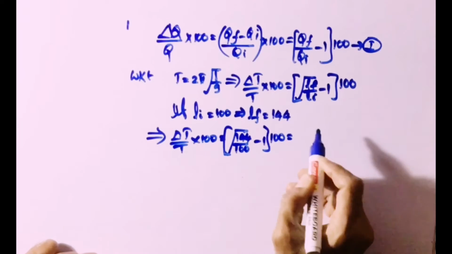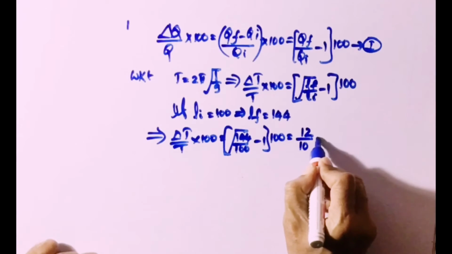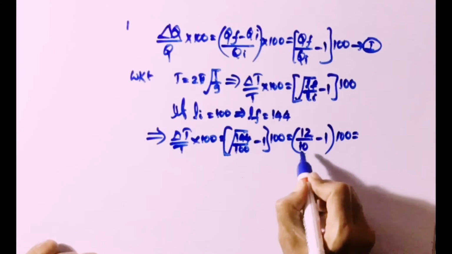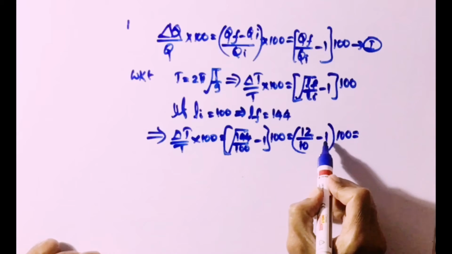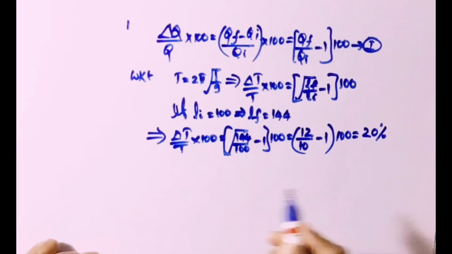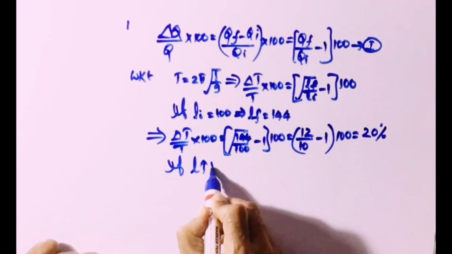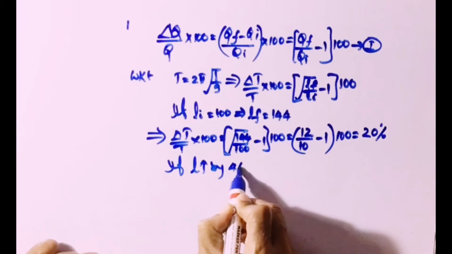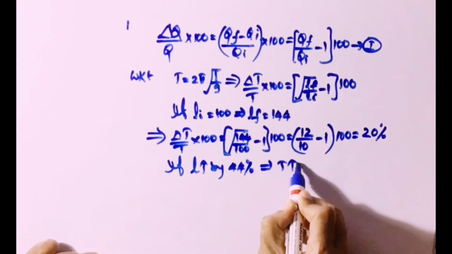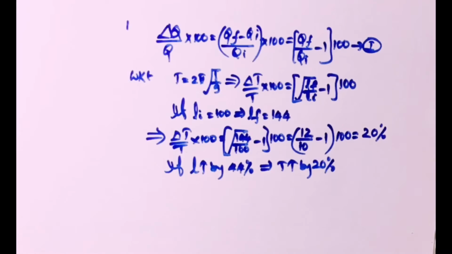What is root 144? 12. Root 100, 10, minus 1 into 100. 12 by 10 is 1.2, minus 1 is 0.2, into 100 is 20%. End of the solution. That means if the length of the simple pendulum increases by 44%, it implies that the time period increases by 20%. This is how we'll solve the problem.